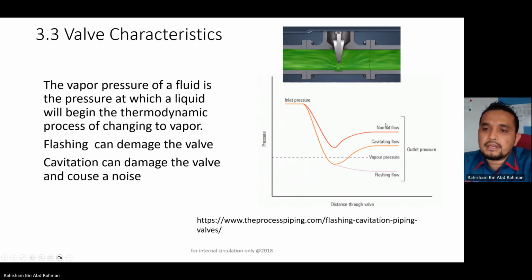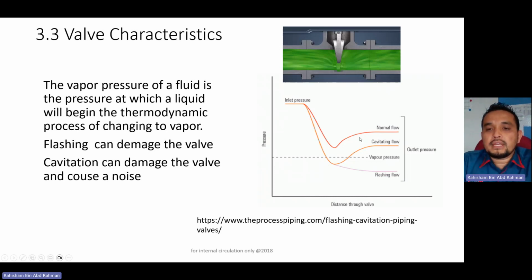We call it normal because the minimum point of the pressure loss never exceeds the vapor pressure. In this case, there will be no flashing, and there will be no cavitation.